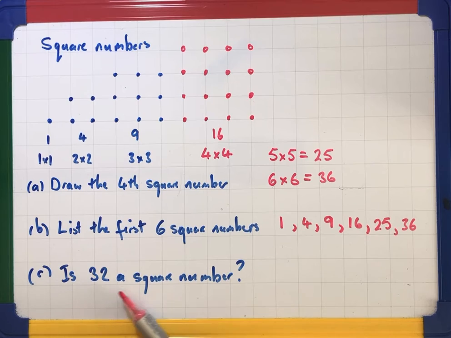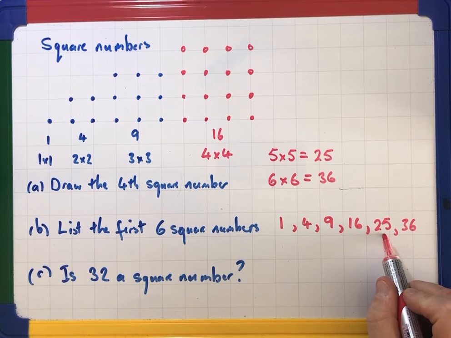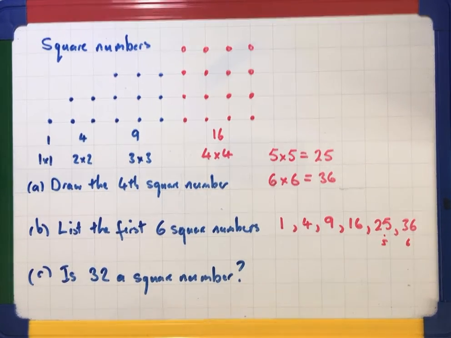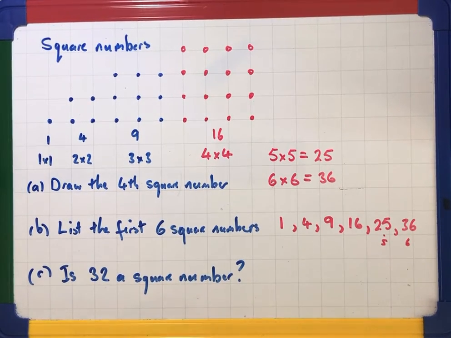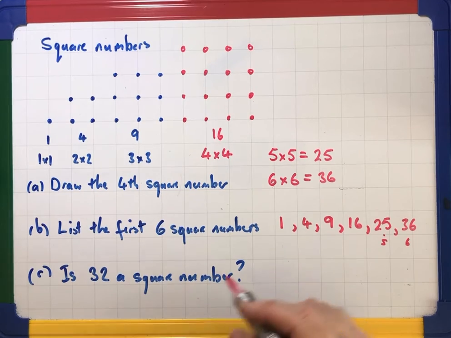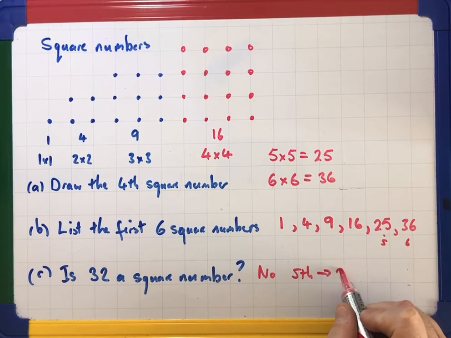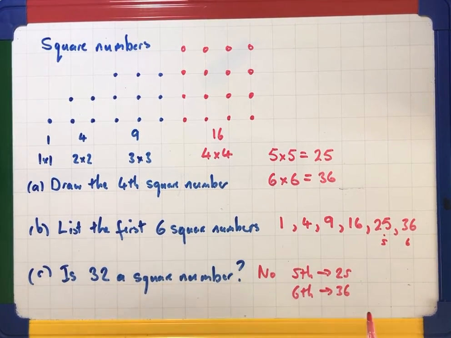Okay, so next question. Is 32 a square number? Well, look, 25 is smaller than it. That's the 5th square number. That's the 6th square number. 32 is between those two, isn't it? So 32 is not a square number. No, because look, the 5th one is 25. The 6th one is 36.